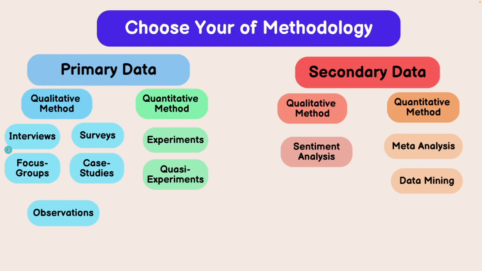So are you going to use an interview or a focus group? Those would be the qualitative type of data collection. If you are doing an experiment, then you're going to have to set up the control group versus the experimental group relative to the variable that you want to test.